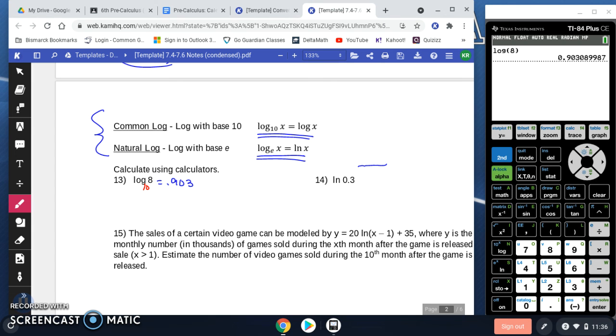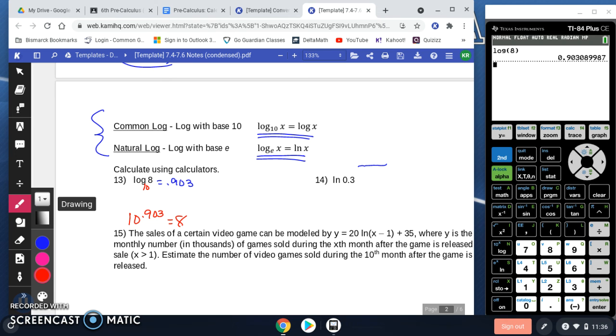If I want to think of this in terms of an exponential, this would be 10 to the 0.903 power equals 8. That's what that value is. And it makes sense, because 10 to the first is 10, so if I want to use a power of 10 to represent 8, it would need to be an exponent that's a little bit smaller than 1. So 10 to the 0.903. If you want to try that out on your calculator, you can. You can use your caret and just test that out.